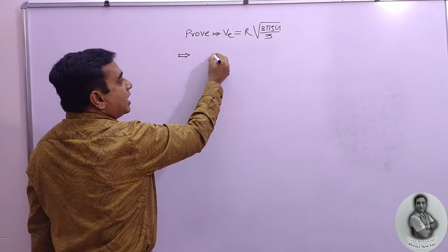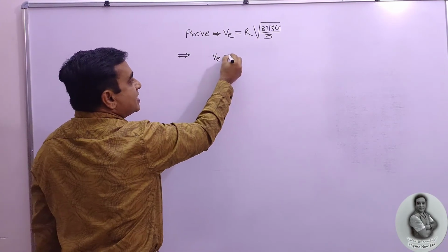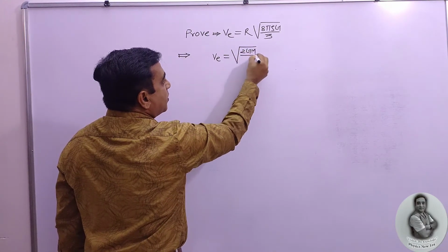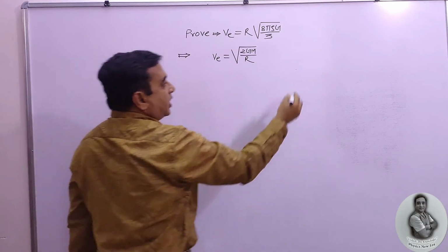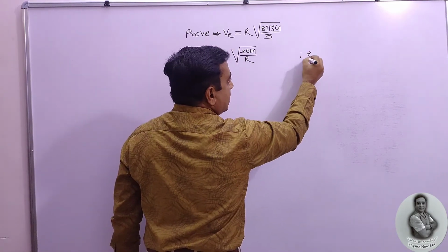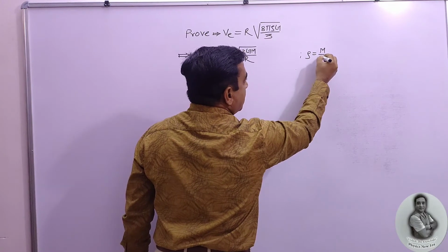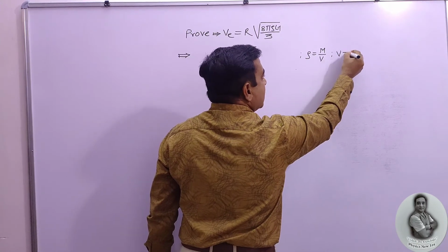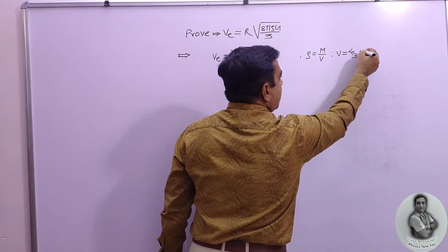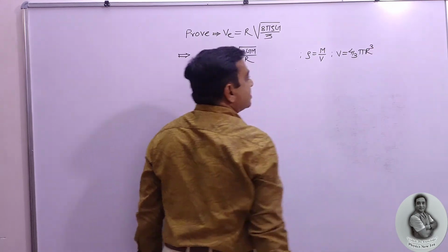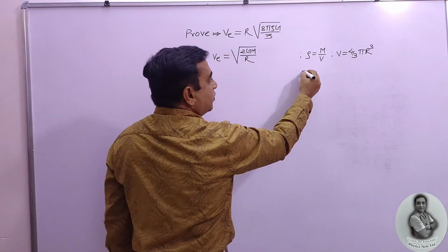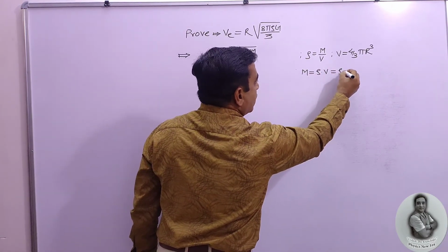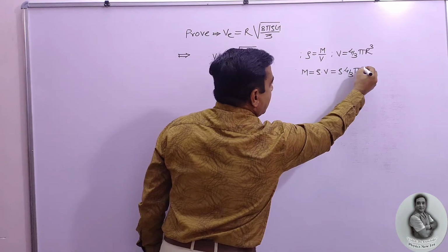Here we know that escape velocity is, by the general formula, under root of 2GM upon R. If I consider density is equal to mass of that planet upon volume of the planet, considering any planet spherical in nature, so 4 by 3 pi R cube, where R is the radius of that planet. So we know that mass is equal to rho into volume, that means rho into 4 by 3 pi R cube.